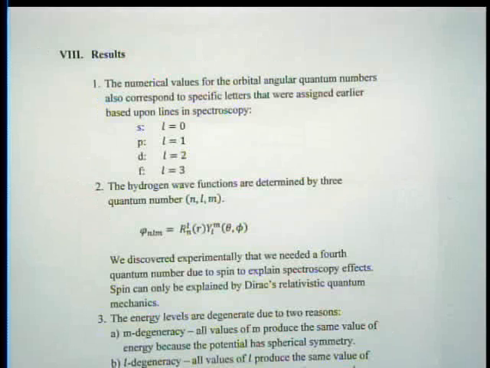If something was a fine line, they gave those states the letter F for fine. If they were really bright, they gave them P for principal. If they were really sharp, they called them S for sharp. They didn't have quantum mechanics at the time. It turns out that the shapes of those are directly related to quantum states' angular momentum numbers.